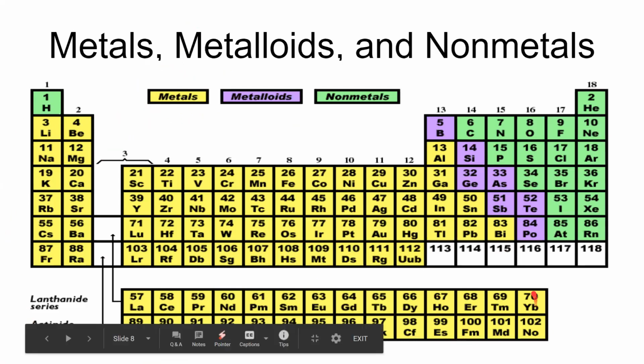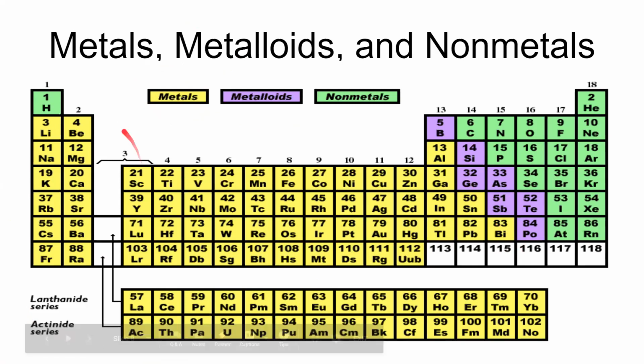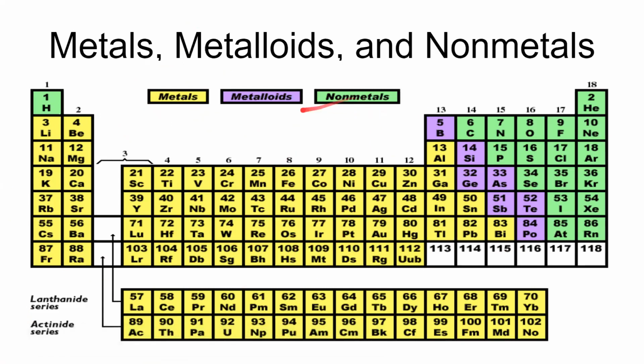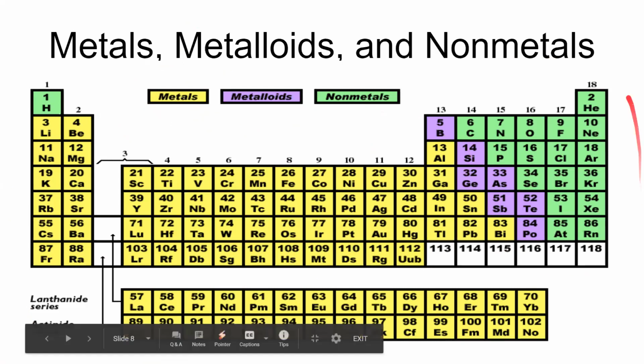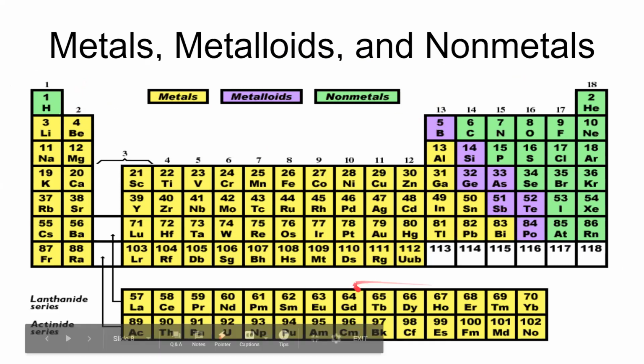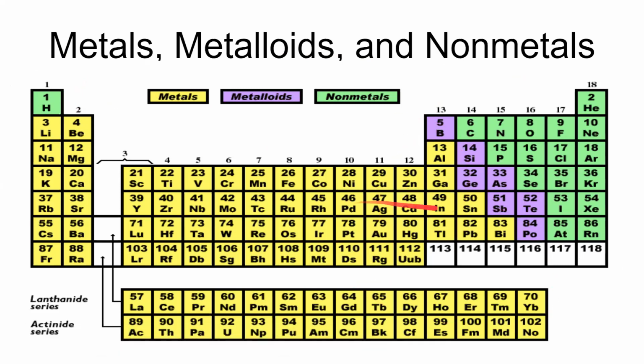You'll see that they make up the vast majority of the periodic table, and especially in the left-hand and middle sections. The nonmetals are in green, kind of clustered over here on the right, with one little guy, hydrogen, hanging out up here. And then finally, the metalloids are this sort of weird in-between group that has this kind of zigzag action over here, literally in between the metals on one side and the nonmetals on the other side.